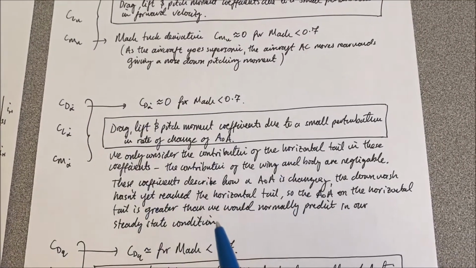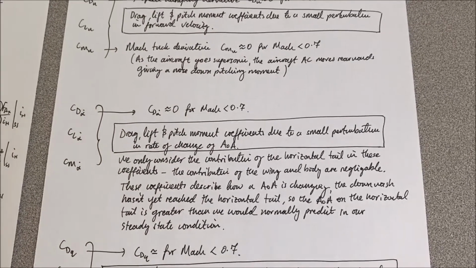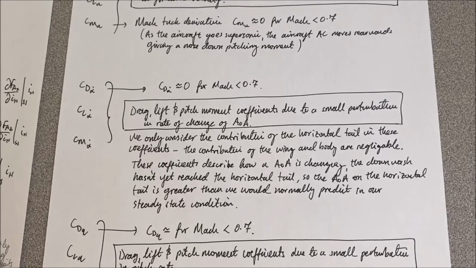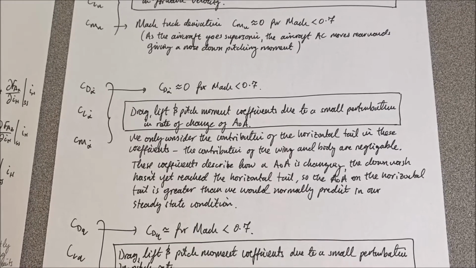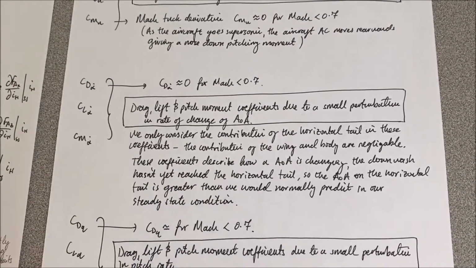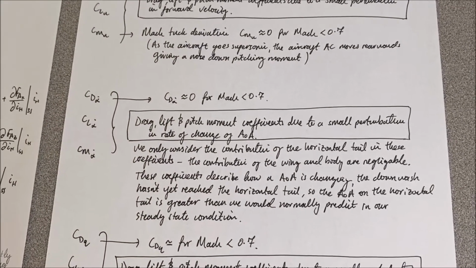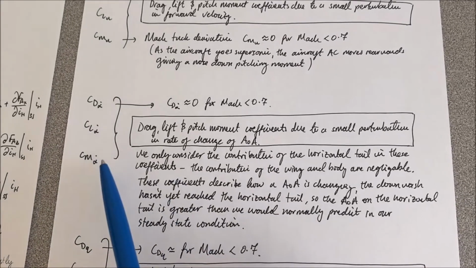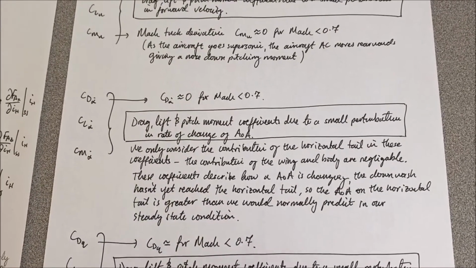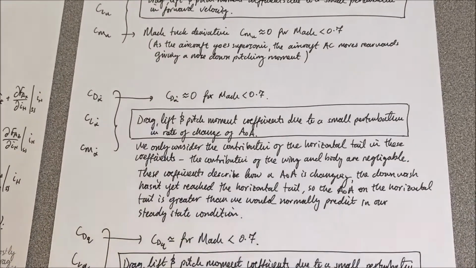And generally in these terms we only consider the contribution of the horizontal tail, because we assume that the contribution from the wing and body is negligible, because basically these coefficients describe how, as the angle of attack is changing, the downwash due to the change in angle of attack hasn't yet reached the horizontal tail, and so basically the angle of attack on the horizontal tail is greater than we would normally predict in the steady state condition, because as the angle of attack is changing, it hasn't actually reached the horizontal tail yet. So we have a discrepancy there that we need to compensate for.